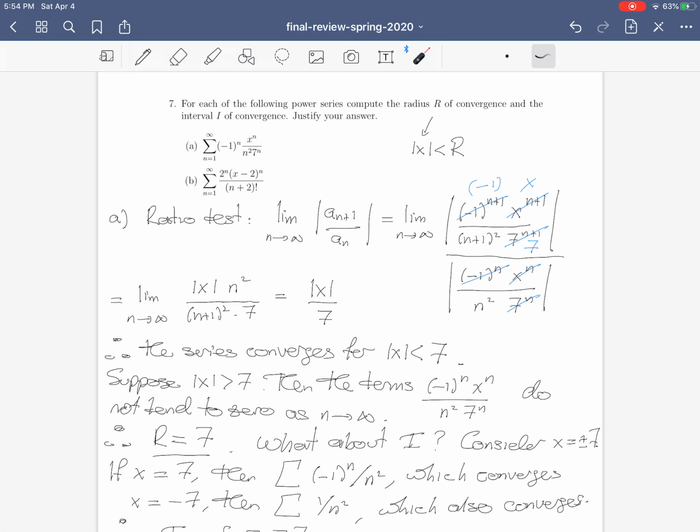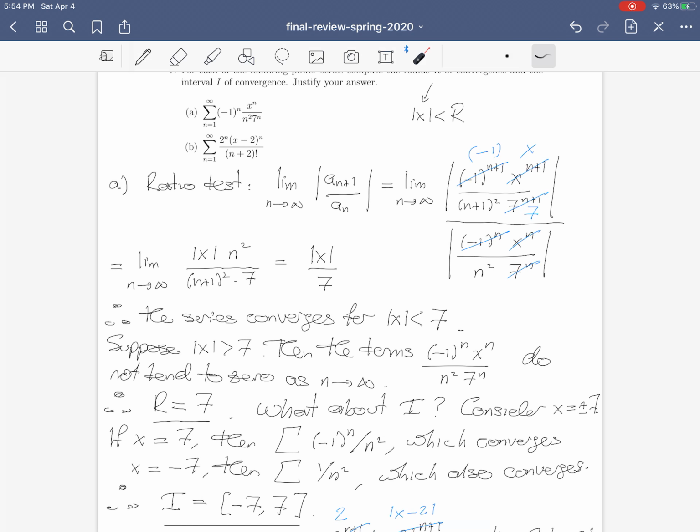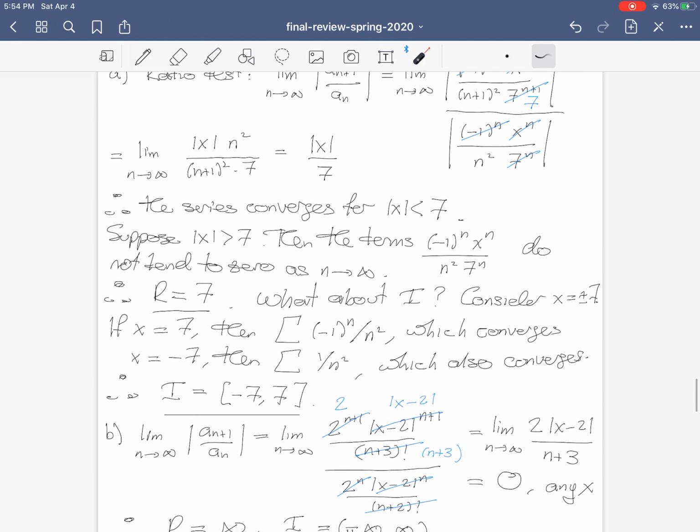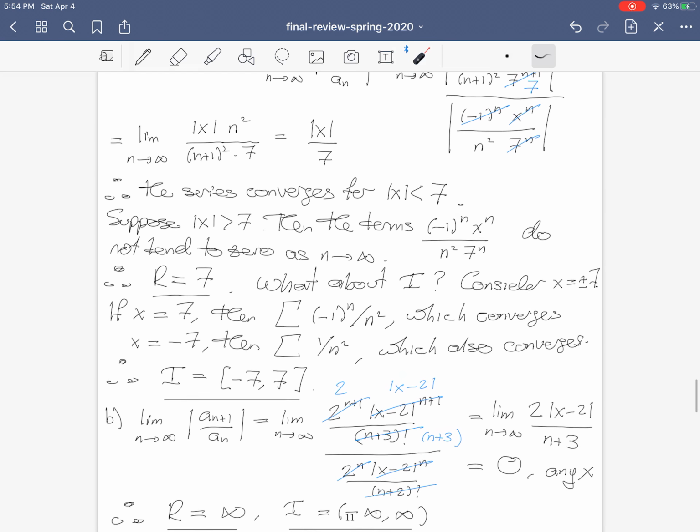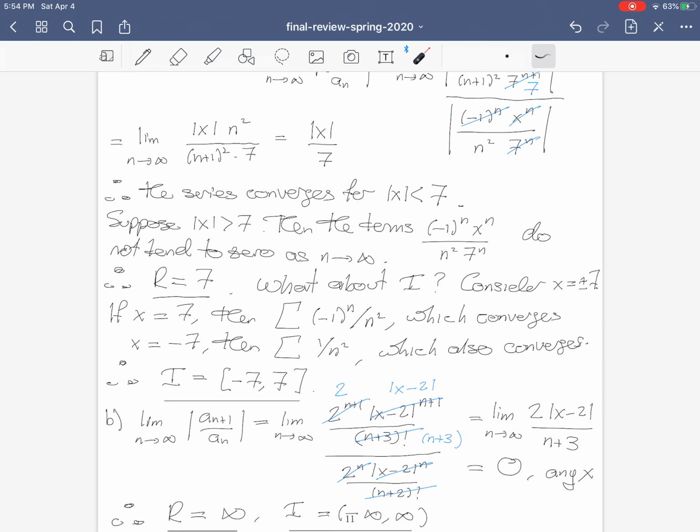This will normally tell you the radius, but you should also check what happens at the endpoints, where the ratio test is not telling you anything because the ratio is equal to 1. But as part B shows, there are examples where the ratio test will tell you everything because the radius of convergence is actually infinity.